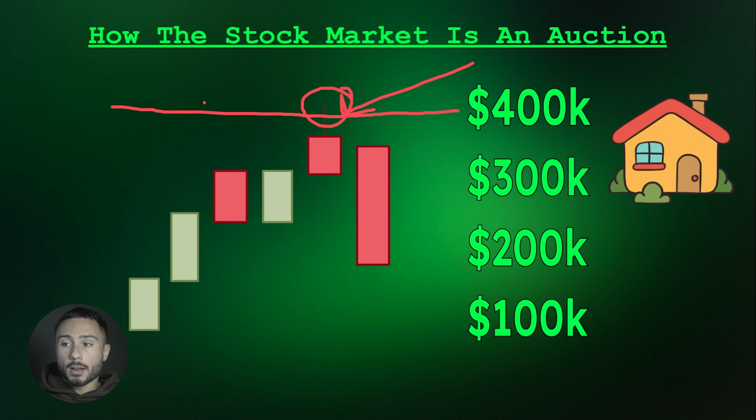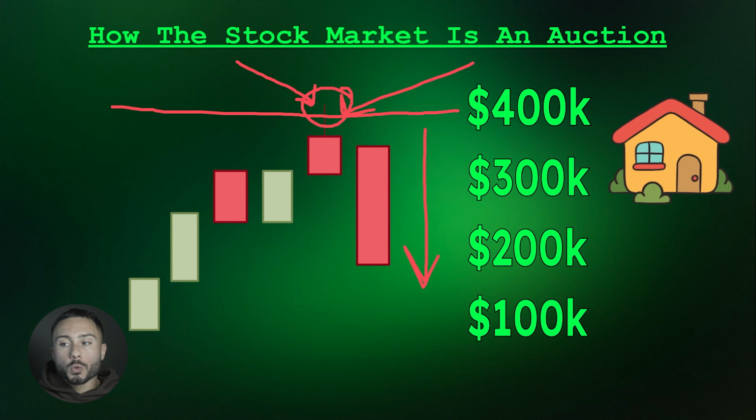Now, let's just say the market comes up to $400,000 and I'm selling it for $400,000. My house is on the market for 3-4 months and no one is willing to pay $400,000. As a seller, if I'm looking to get out of the house and sell it, I am forced to lower my prices.